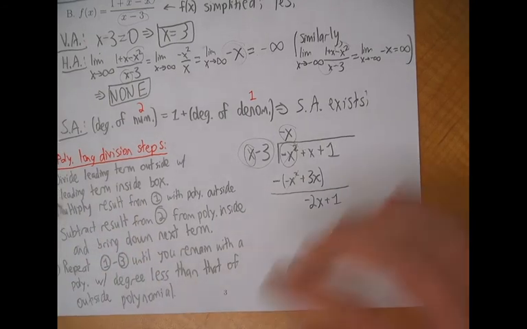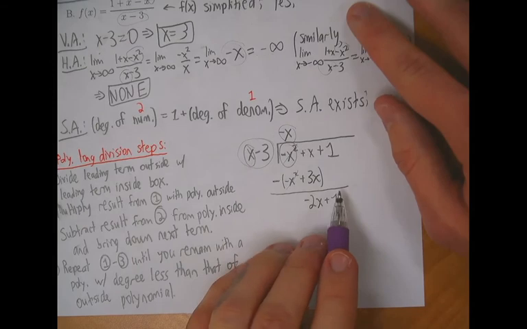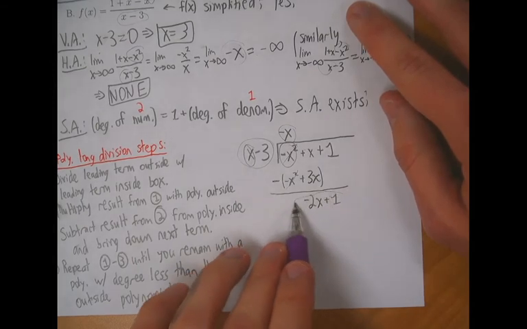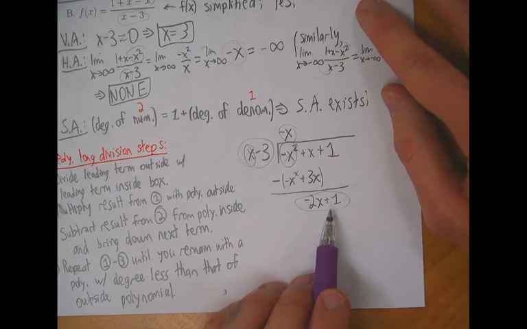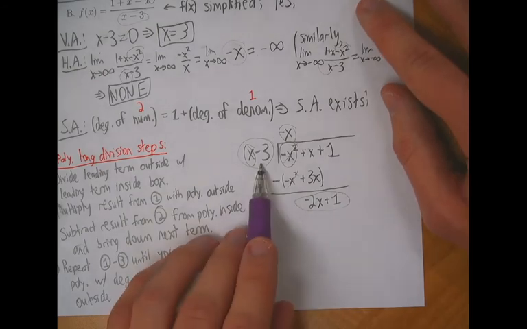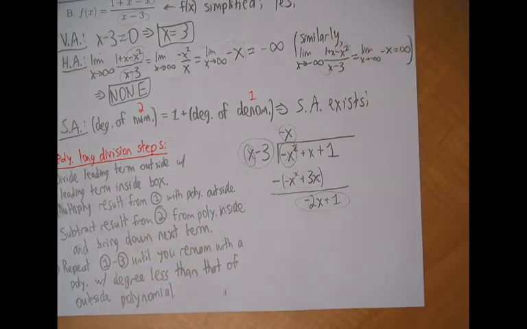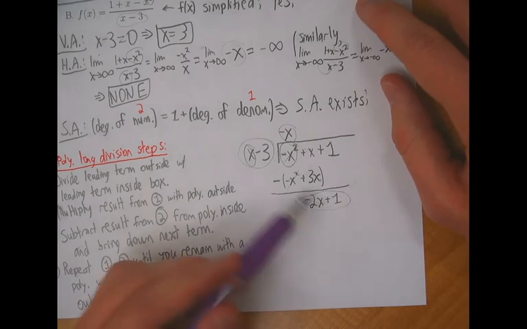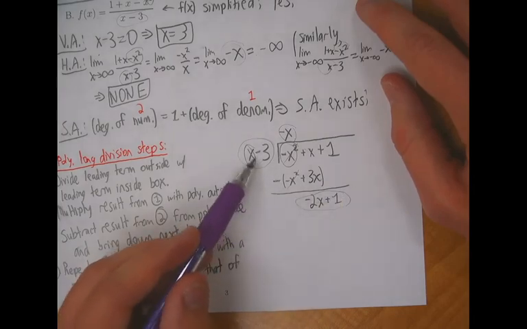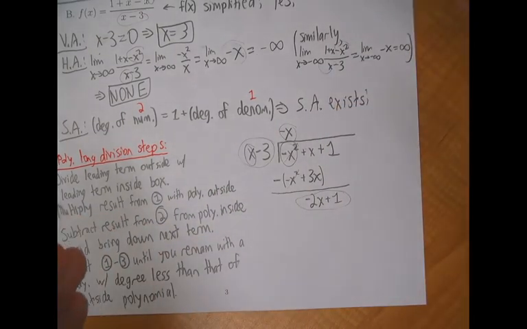So if we check our polynomial down here, we have to make sure it has degree strictly less than the polynomial outside. If the degree here is less than the degree of the outside polynomial, we're done. But are we?